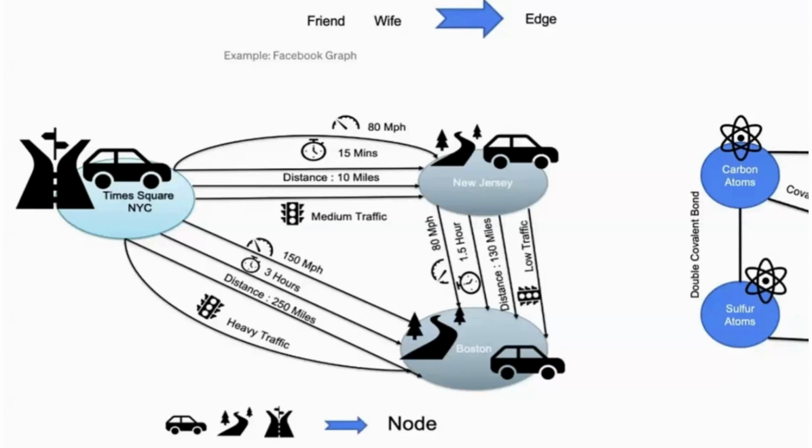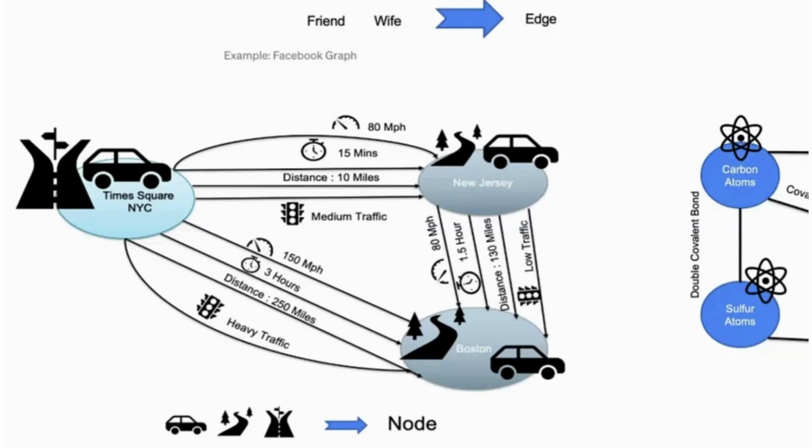Another option we have is Times Square to Boston. Here the relationship is miles per hour, which is 150, but that is not fixed. We are not sure what the miles per hour can be in either direction. That's why here we have an undirected graph.